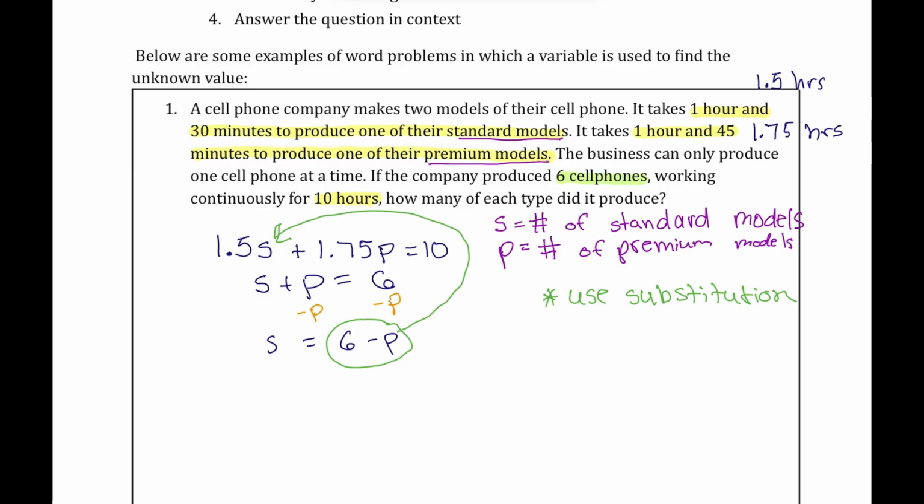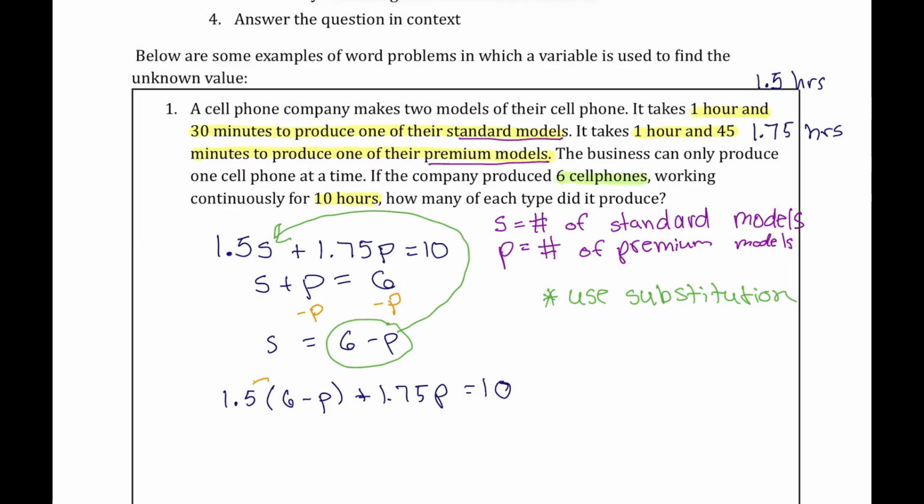Altogether, that's going to become 1.5 times, in parentheses, 6 minus P, plus 1.75P equals 10. What this does for us is it gives us an equation that is only in terms of P so that we can then solve for P. So we're going to do that now.